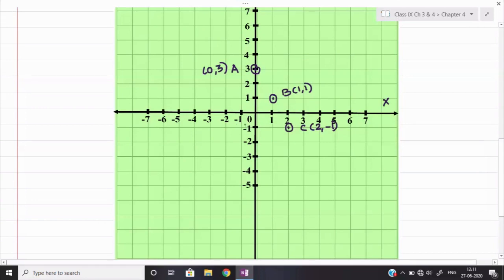The second value is +5. So from -1 I will go in the upward direction and I will reach here. This is my last point. I will call this point D, and this point is -1, 5.